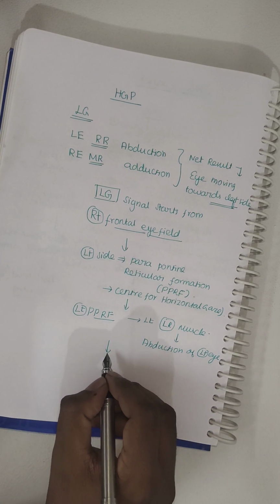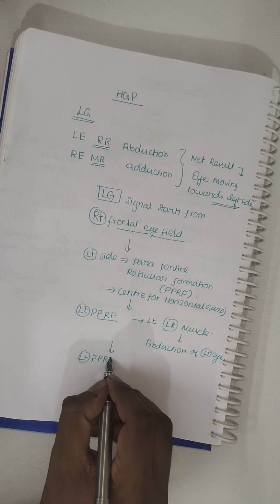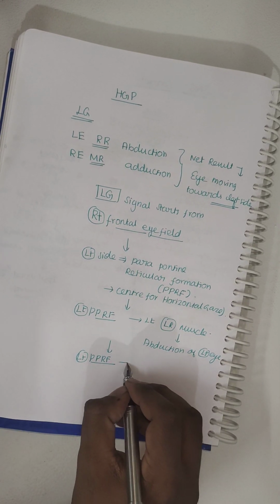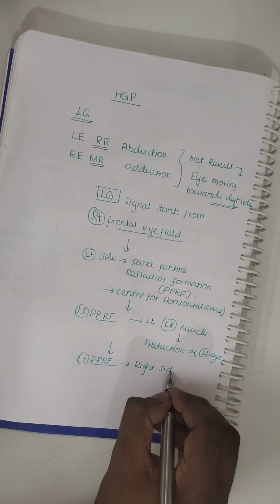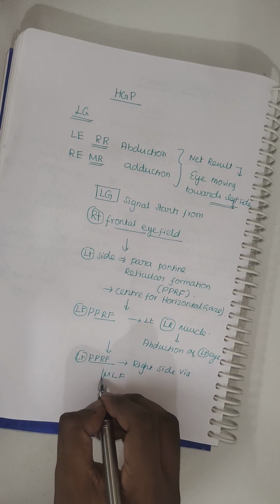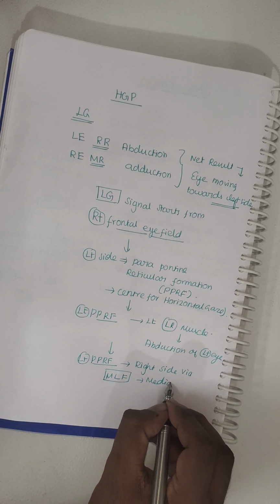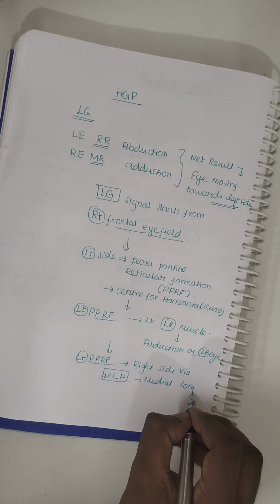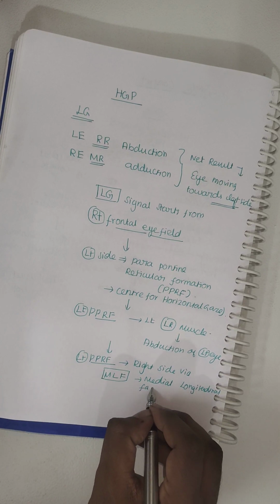Also, the left parapontine reticular formation gives a signal to the right side via the medial longitudinal fasciculus, MLF.